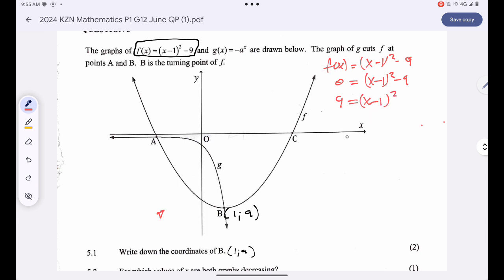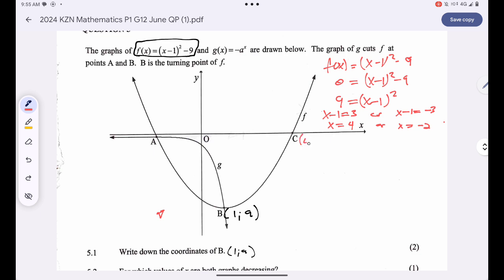Whenever you take the square root on both sides, we'll have x minus 1 is equal to plus or minus 3. Are you together? You can simply rewrite this as x minus 1 is equal to 3, or x minus 1 is equal to minus 3. Therefore, x is equal to 4, or x is equal to negative 2.